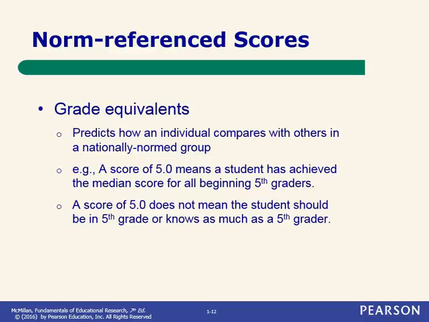Some examples of grade equivalency or grade equivalence based on norm-referenced scores would be looking at, again, how individuals are attempting to predict how an individual compares with a nationally normed group. One of the ways that we might use this type of prediction element is thinking about or looking at past data and making a comparison and then looking at doing a forecast in terms of the trend.